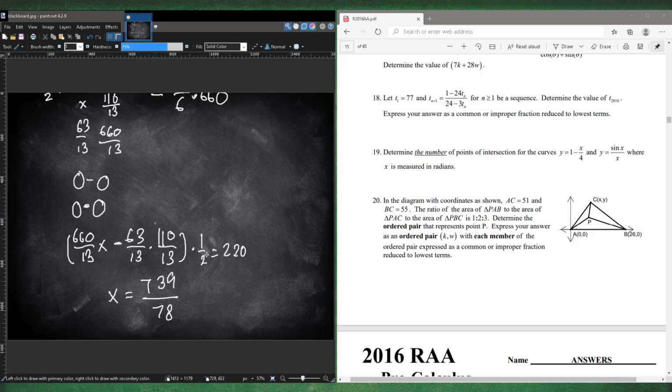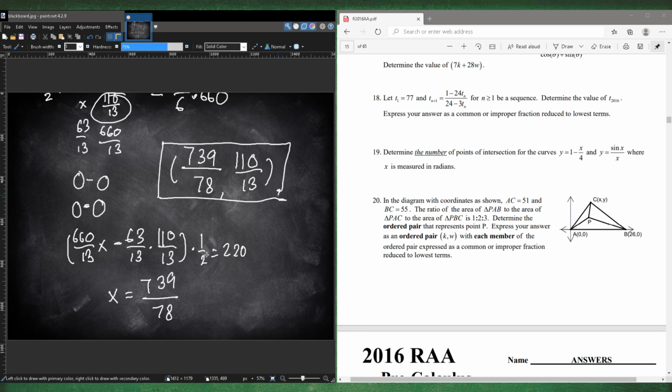So that is our x value, and our y value, remember, was just this. So then we have 739 over 78 and 110 over 13 as our answer.